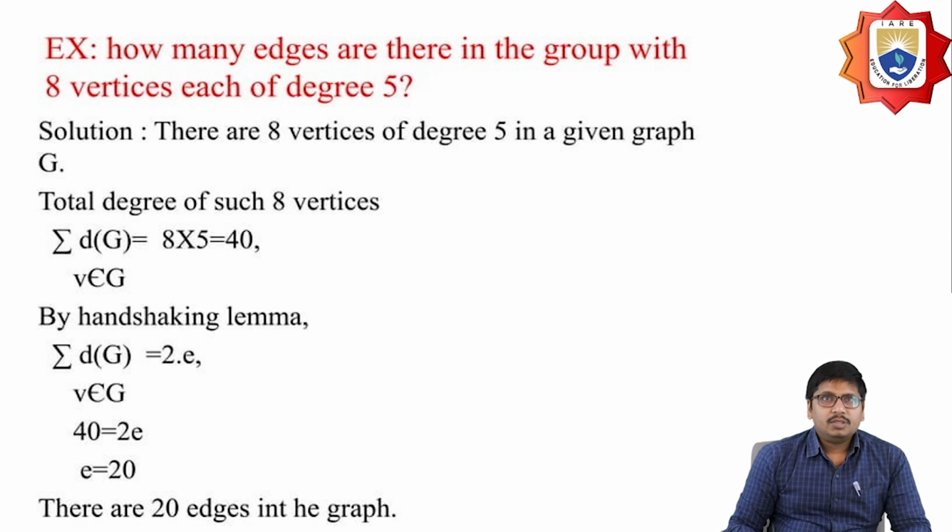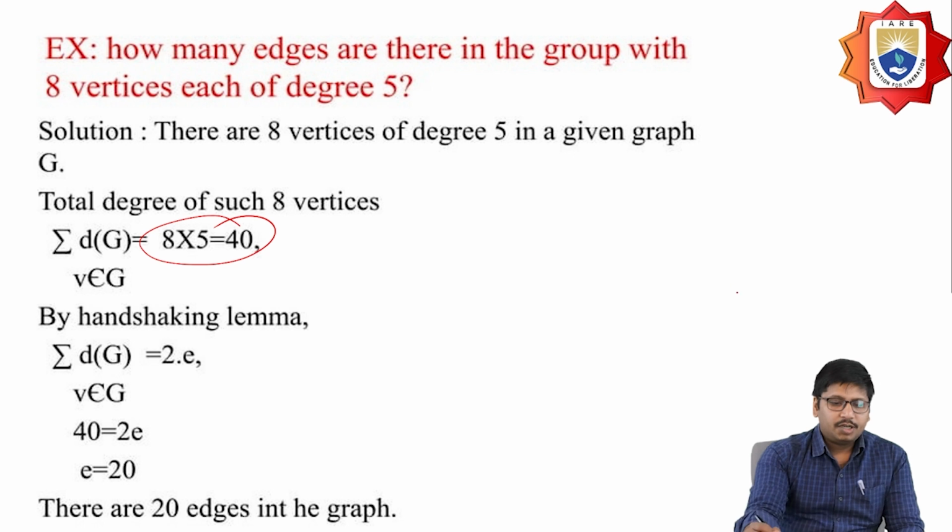Another problem: how many edges are there in a graph with 8 vertices, each of degree 5? If there are 8 vertices of degree 5 in the given graph, then the total degree of such vertices is 8 into 5, which is equal to 40.